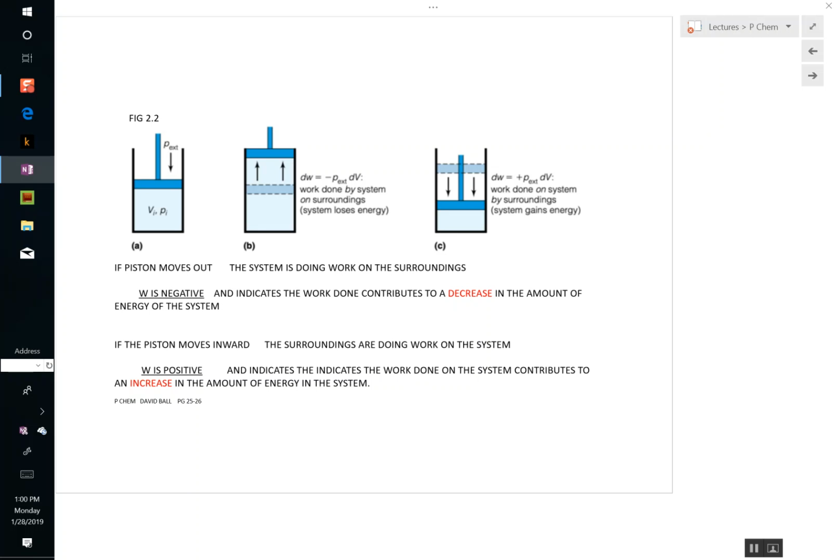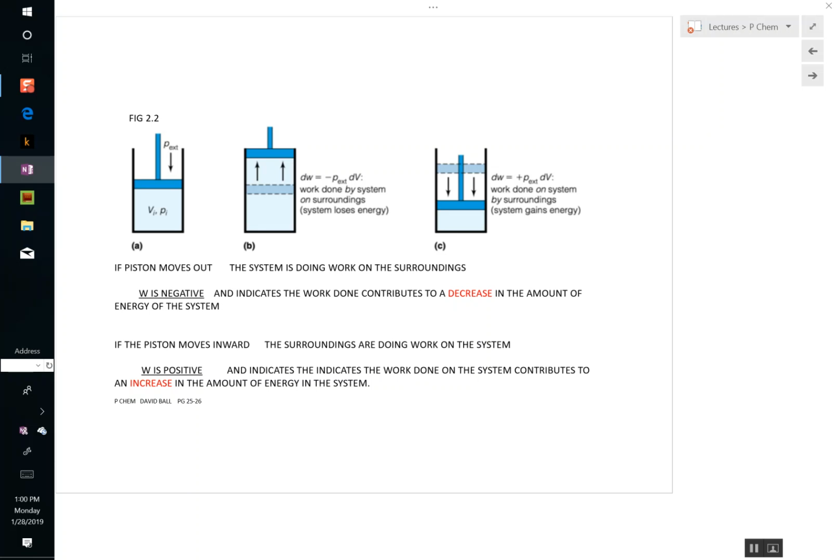If the gas expands, it is pushing against that external pressure and doing work. The system is doing work on the surroundings, in that external piston. The work is negative. It's decreasing the internal energy of the system. The work done contributes to a decrease in the amount of energy of the system.